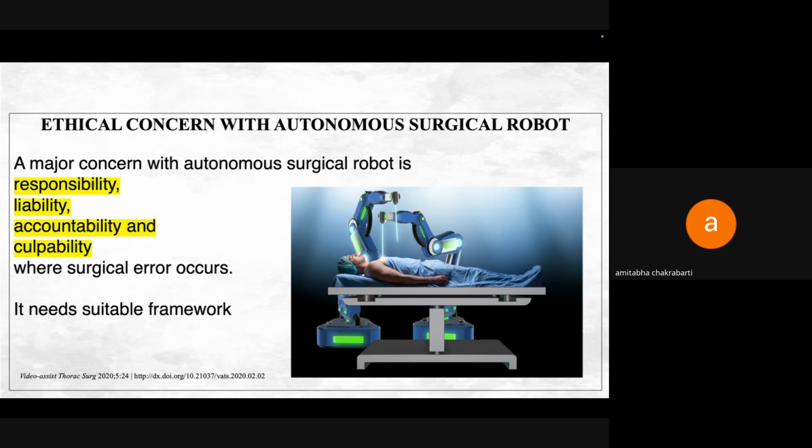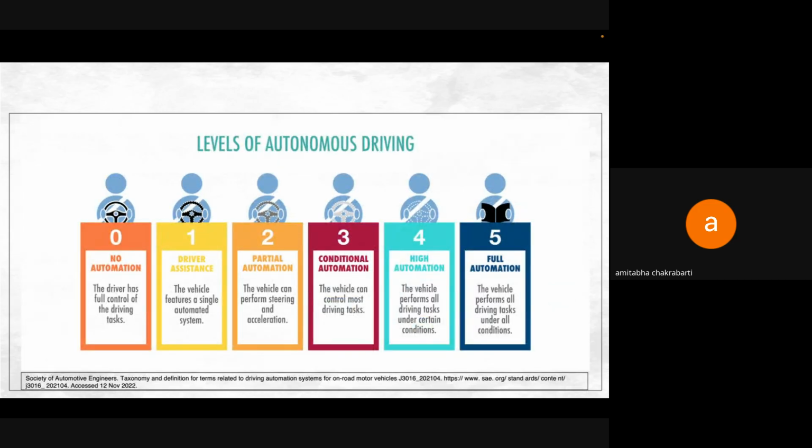Where a surgical error occurs, or where there is any shutdown or problem related to the robot. So, till now, there is no suitable framework to deal with this. Till date, we are guided by the levels of autonomous driving from the Society of Automotive Engineers, their taxonomy and definition of terms for driving automation systems for on-road motor vehicles.